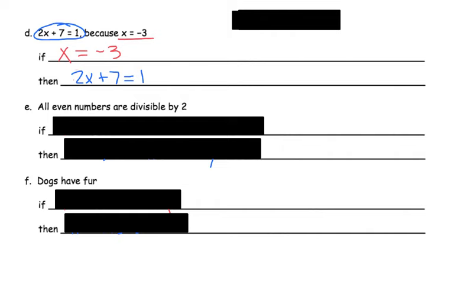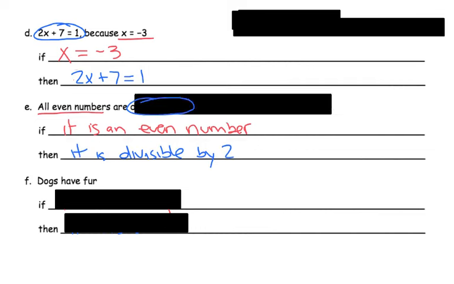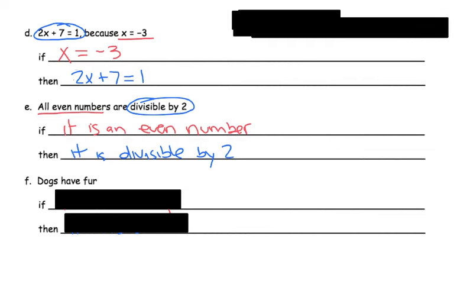E. All even numbers are divisible by 2. So the hypothesis is that all even numbers, and the conclusion is divisible by 2. So our statement would be if it is an even number, then it is divisible by 2. And F. Dogs have fur.